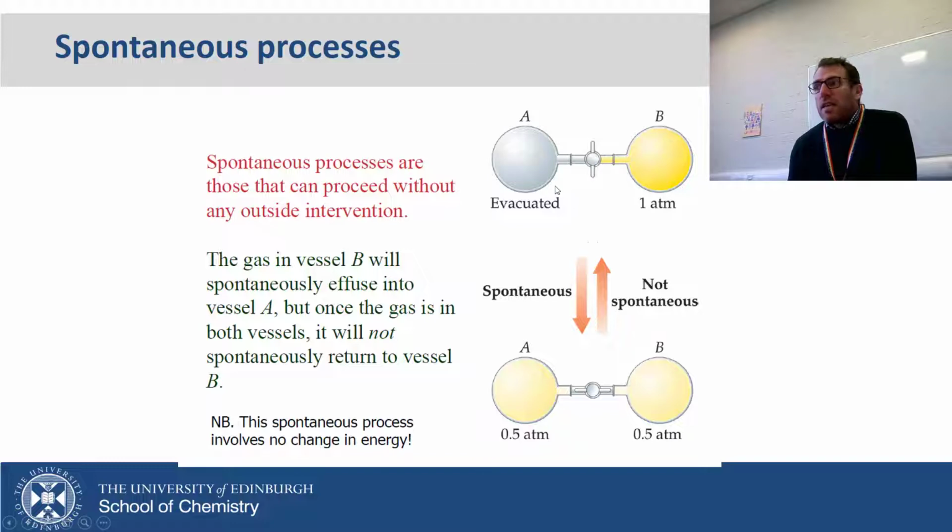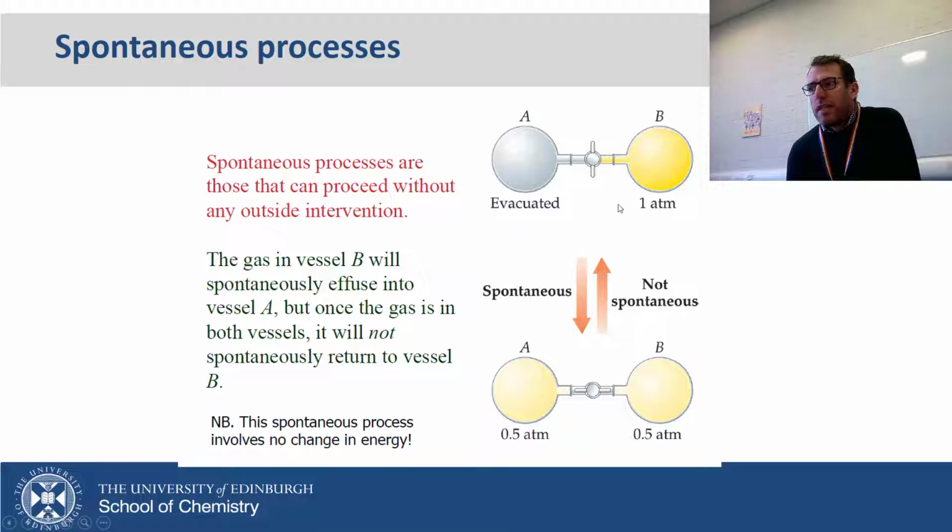So there's a natural tendency for that gas to diffuse or to mix and go into chamber A. What's happening here is we are essentially making many more translational possibilities available to that gas molecule. So we're maximizing the distribution of energy as that gas distributes across the entire system. So obviously the forward process here, the mixing of gases until the pressure is equal, is a spontaneous process and will happen pretty much instantaneously.